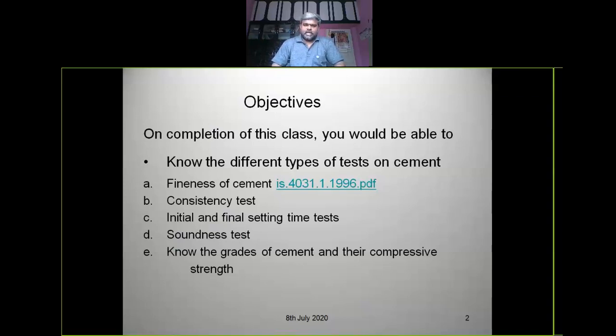We conduct these in the lab, even the specific gravity test is a lab test. These are the tests to be conducted on cement, because as per our syllabus, only these five tests are covered.